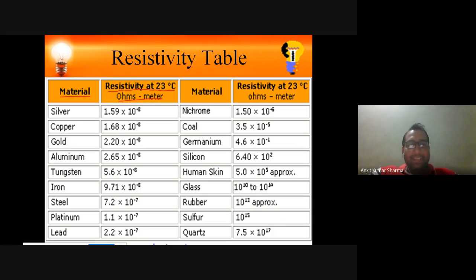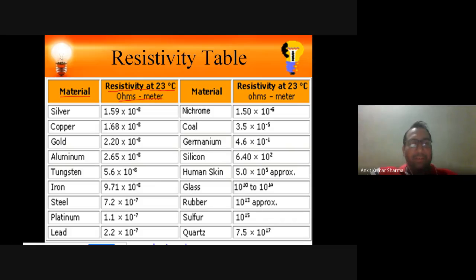You can see here in the first column the material names: silver, copper, gold, aluminium, tungsten, and iron, and other such materials are given in this table, with their specific values of resistivity. For example, for silver the value of resistivity at 23 degrees Celsius is 1.59 times 10 raised to power minus 6 ohm meter.